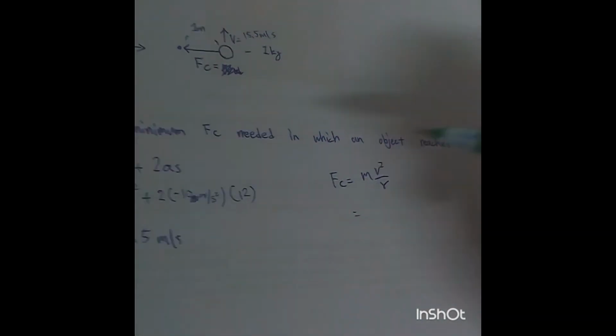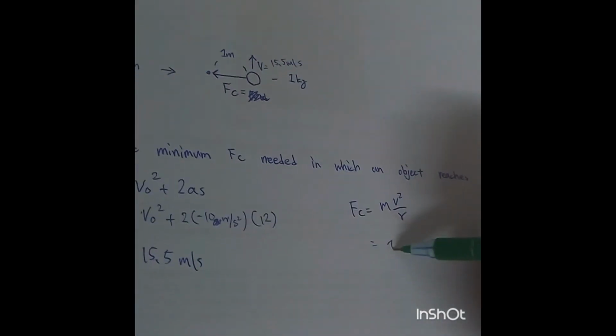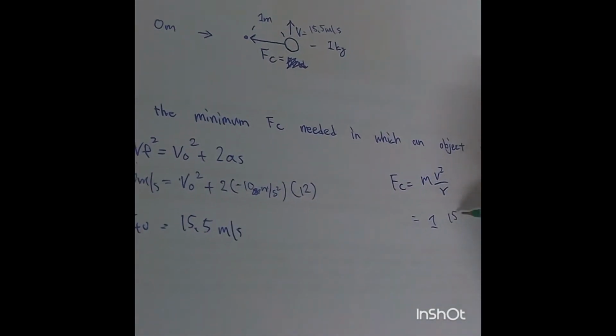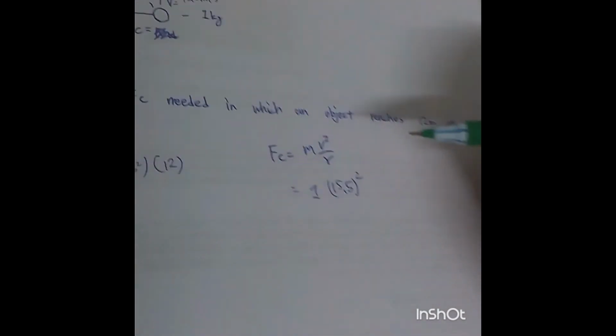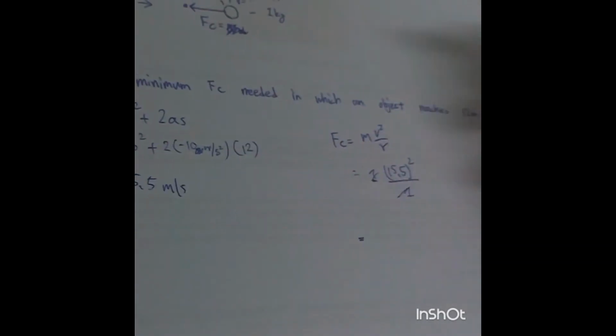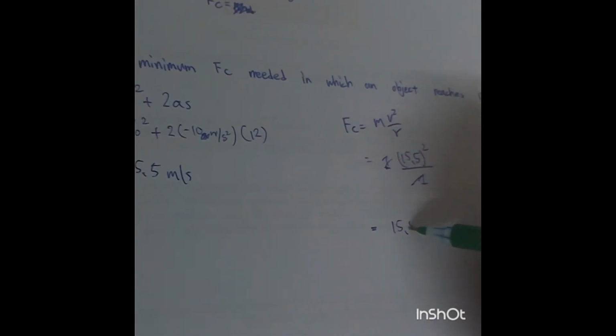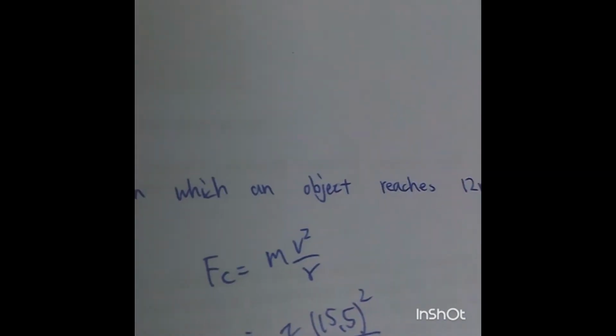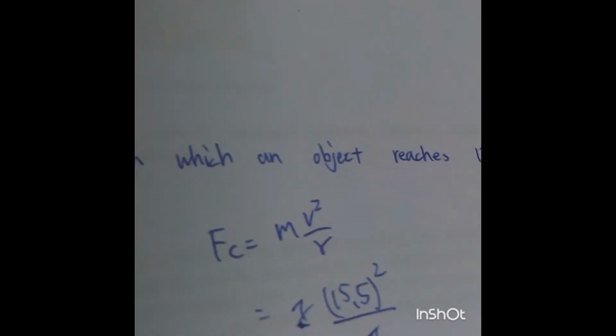The mass is given as 1, and v is 15.5 squared, and r is 1, so we can just cancel this, and we get 15.5 squared, which is around 240.